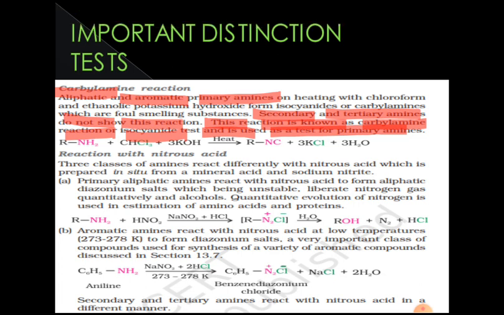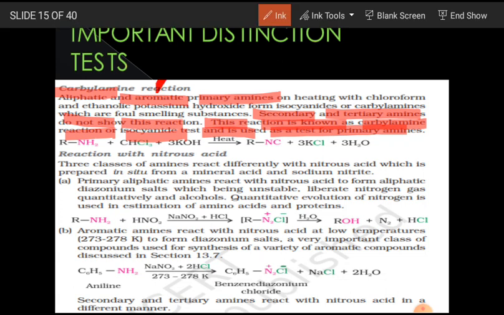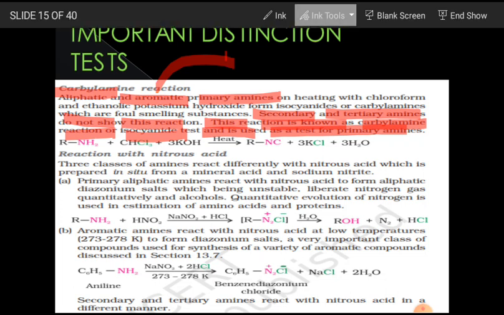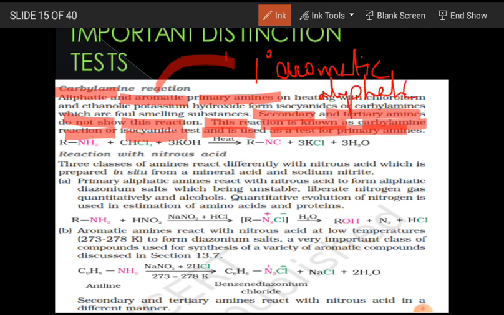So near to every test we have to write which compound is undergoing this reaction. So when we talk about the carbylamine reaction, we have to write that it is only for primary, aromatic and aliphatic amines. They will undergo this particular reaction.